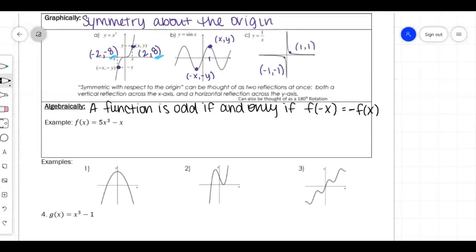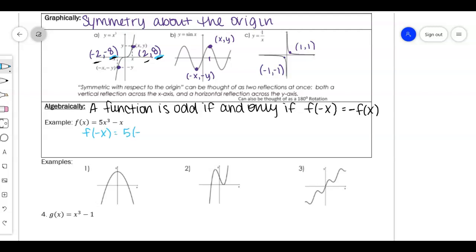So again, if I plug in a positive 2 and get out 8, if I plug in a -2, I'm going to get the opposite back out, which is a -8. And so we can test this by again plugging in a negative x value.